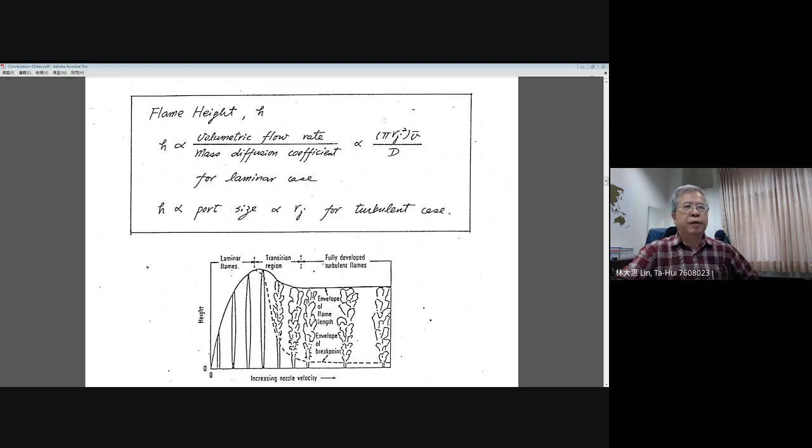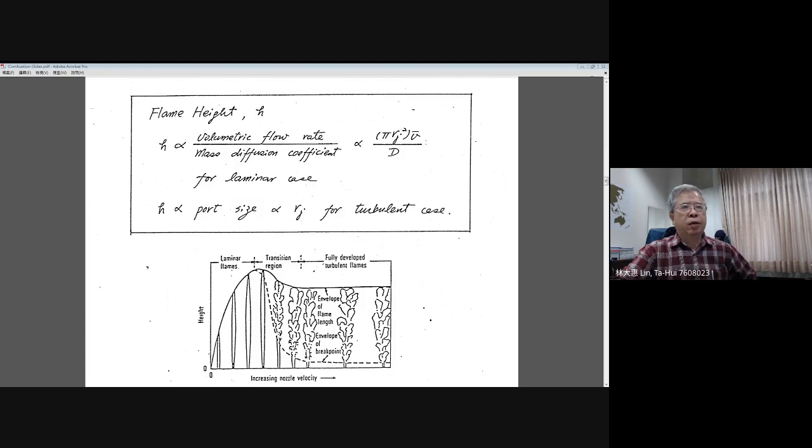From this relation, for the laminar case, the flame length is linearly proportional to the injection velocity.